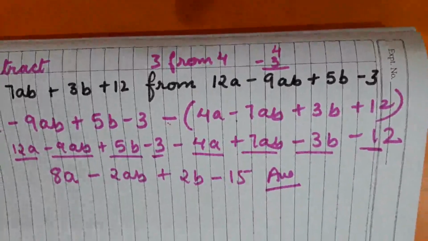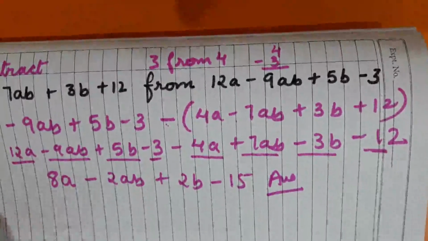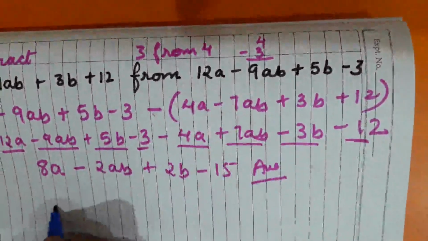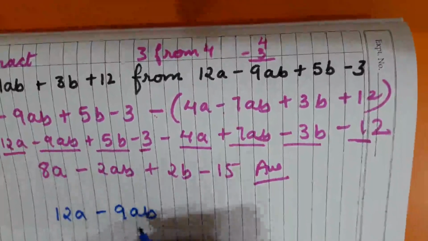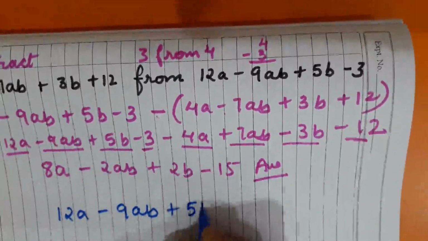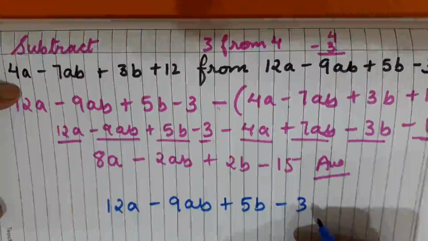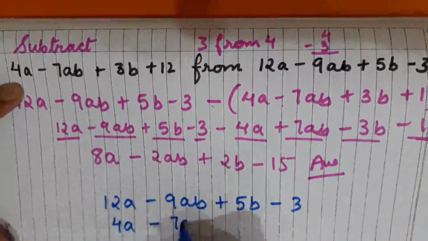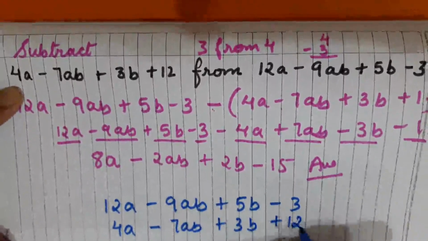I will tell you the row method as well for subtracting. Let's see that method. First of all, you have to write this part above: 12a minus 9ab plus 5b minus 3. Okay, now 4a you can write here, minus 7ab plus 3b plus 12.